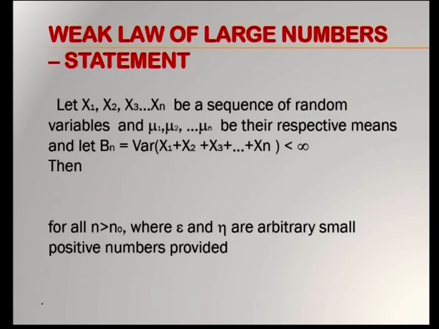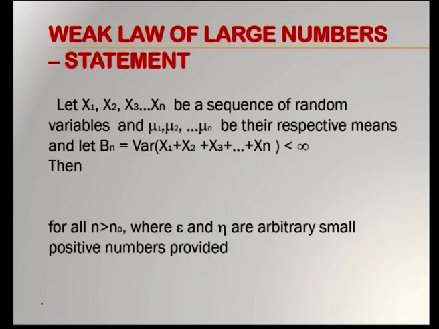Next, we study the weak law of large numbers. There are two types, one is weak law of large numbers, next is strong law of large numbers. Weak law of large numbers has got many applications. What does the statement say? Weak law of large numbers states: let x1, x2, x3 etc. up to xn be a sequence of random variables with the respective means mu1, mu2 etc. up to mu n. Let Bn be equal to variance of x1 plus x2 plus x3 etc. up to xn.